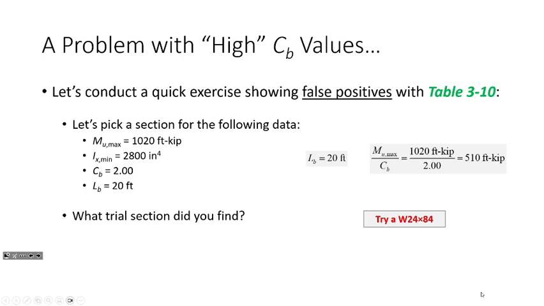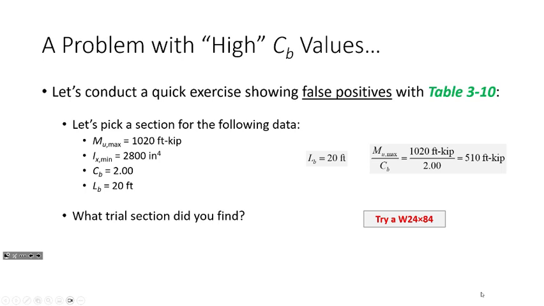Does anybody see a problem? Think about it. What problem is this number going to generate? It's less than the MU. Is this beam going to work? No, it's not.